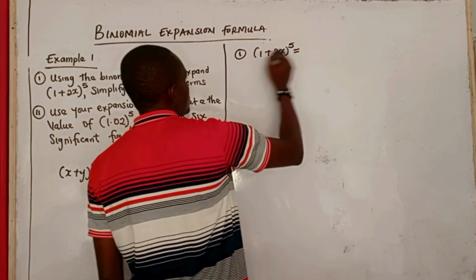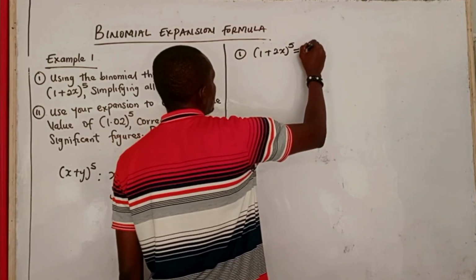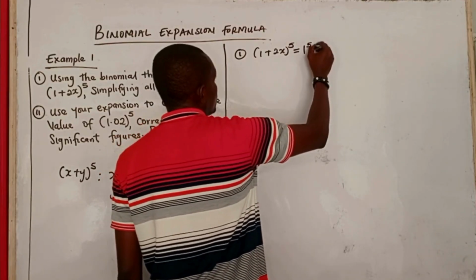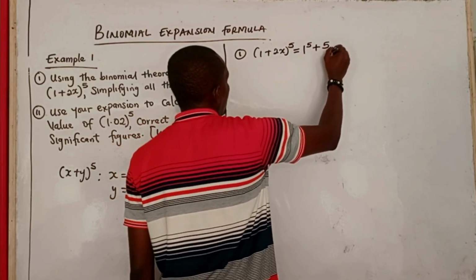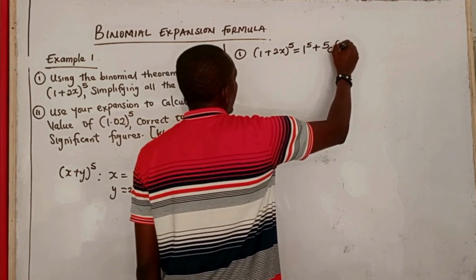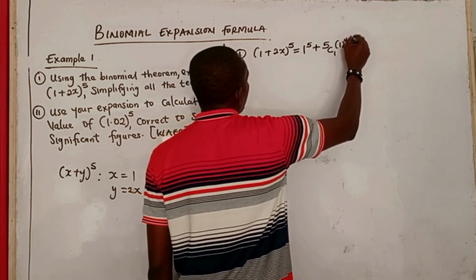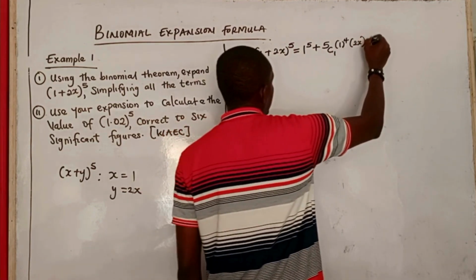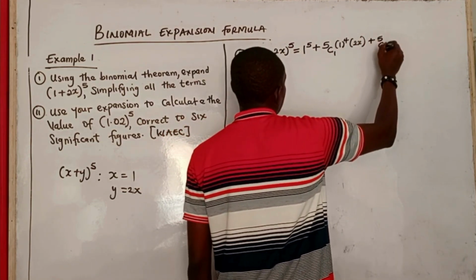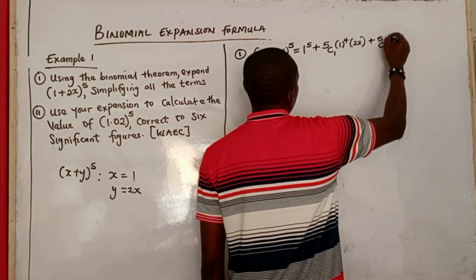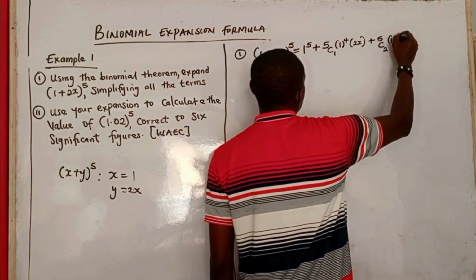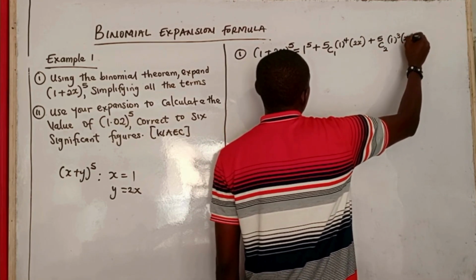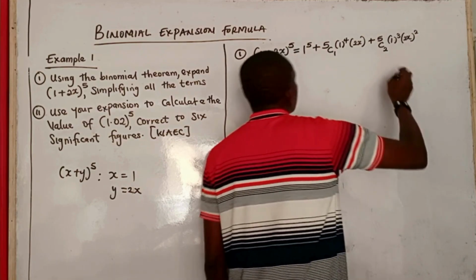So we are going to have 1 to the power of 5. Then we'll have 5 choose 1, so 1 to the power of 4, then 2x. The next one is 5 choose 2, with 1 to the power of 3, and then 2x to the power of 2.